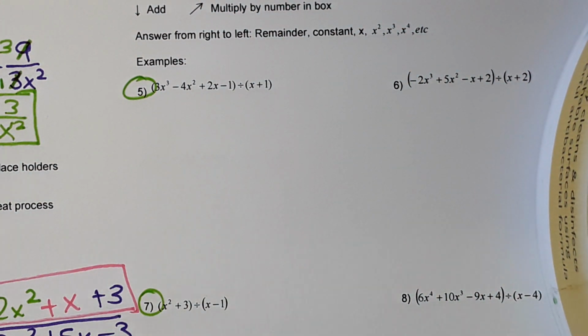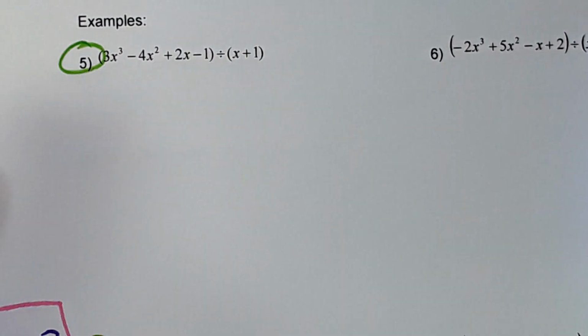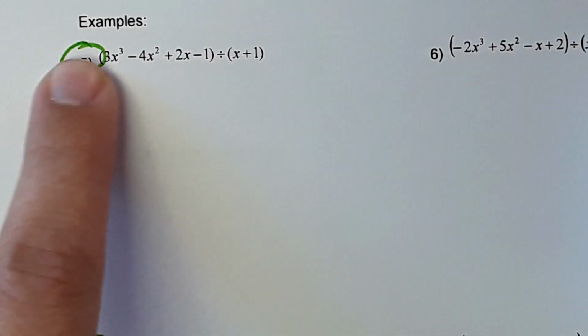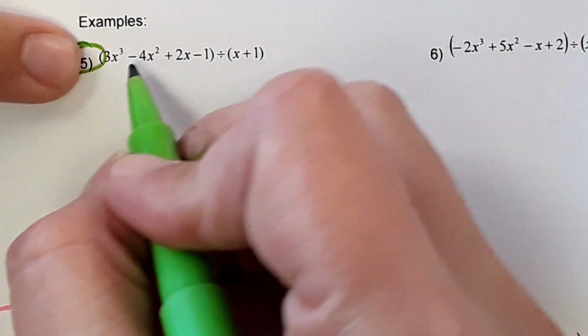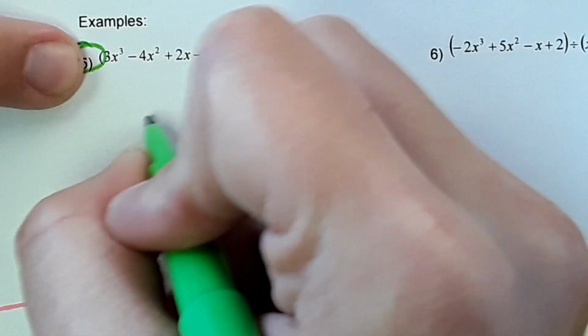Okay, so starting with number 5, we're going to set it up the same way. It's not missing any terms here, and everything's in order, so we're just going to put this right into the house.